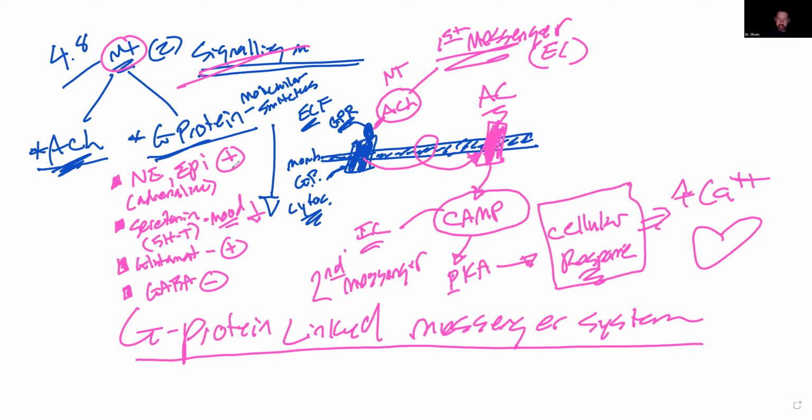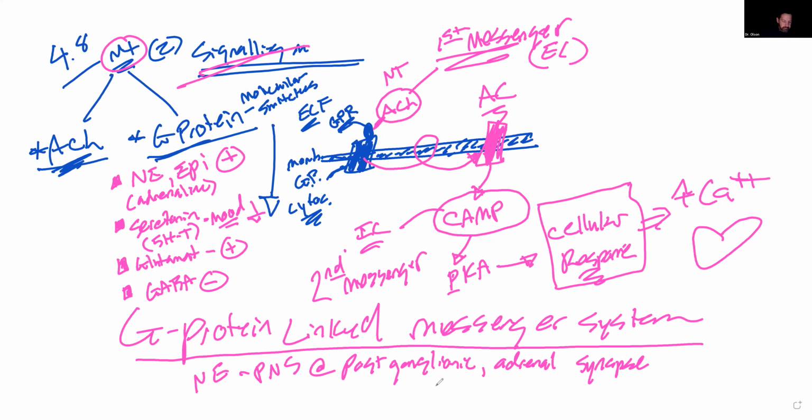Adrenaline, so your norepinephrine and epinephrine, these are excitatory, and you'll typically find norepinephrine and epinephrine in the peripheral nervous system. These are going to be at postganglionic and adrenal, so in the medulla of the adrenal glands, and their synapses.